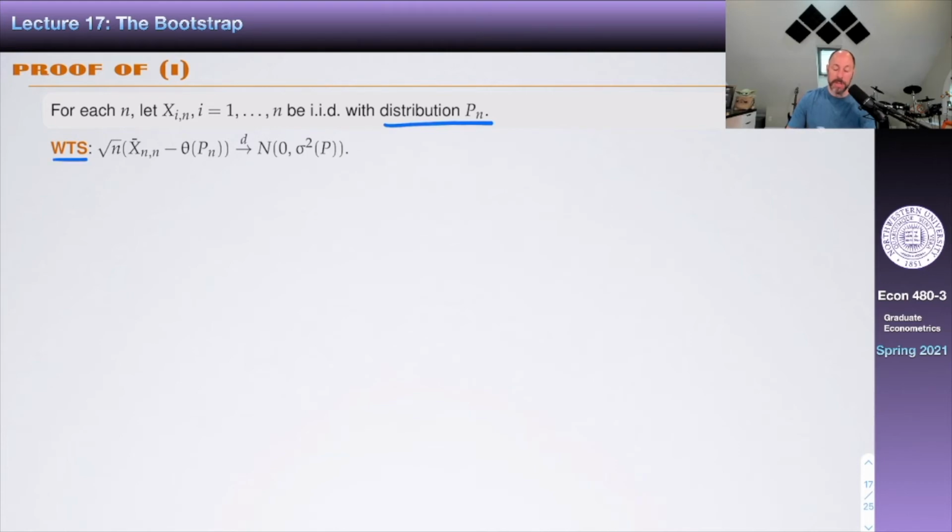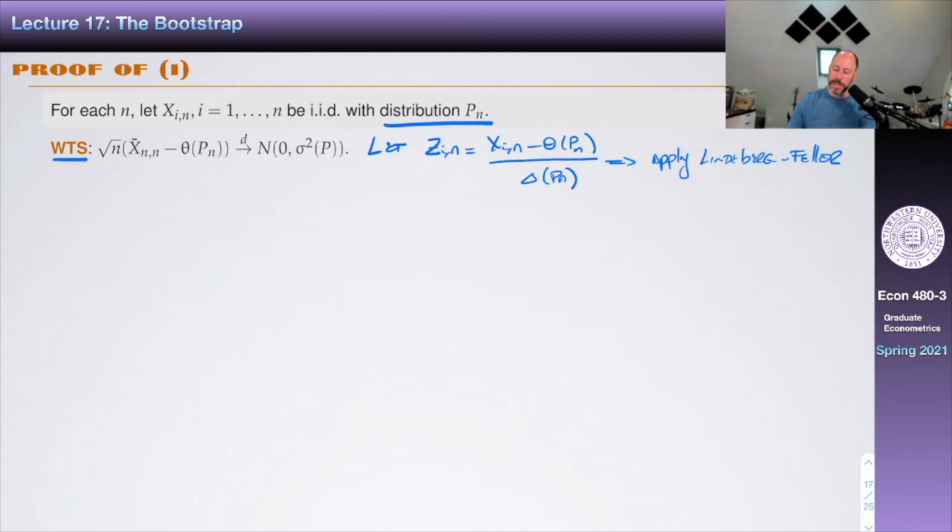We want to show that the square root of n times (X bar n minus theta of Pn) converges in distribution to a normal with mean 0 and variance sigma squared of P. To do this, we're going to define Z_in as (X_in minus theta of Pn) divided by sigma of Pn, and we're going to apply the Lindeberg-Feller CLT.